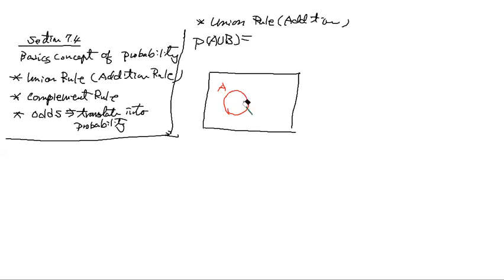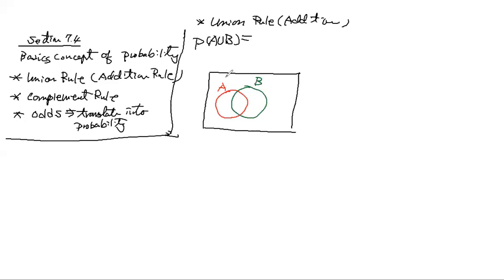Oh, I erased both of them. That's not good. All right, so event A is the red one, and event B is the green one here.